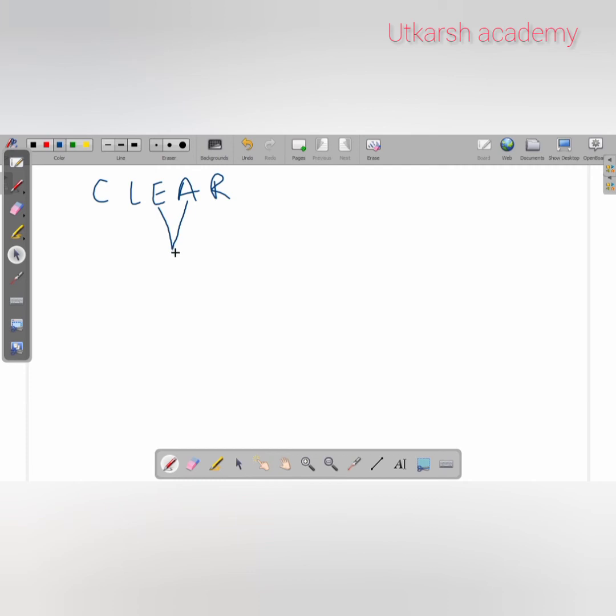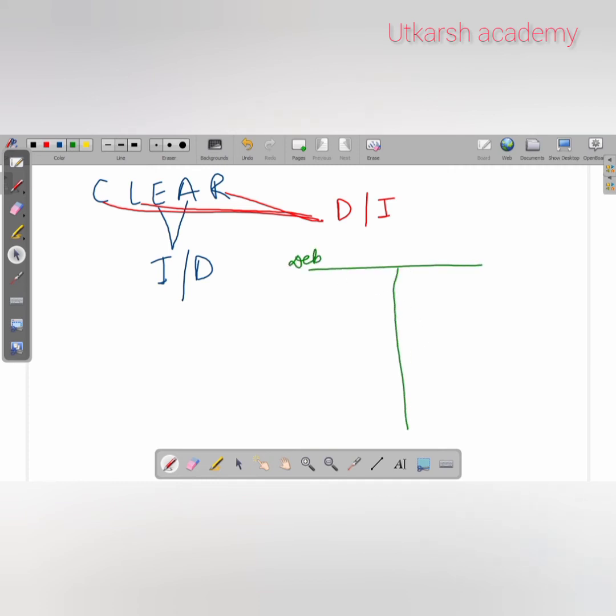I will explain you what is I and D. Now this C L R D I. See, I have explained you this is the T-shape account. In this side debit, left side we record debit. On right hand side we record credit items.